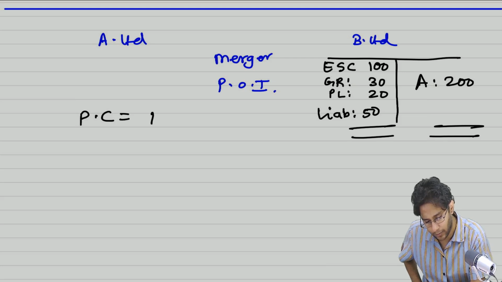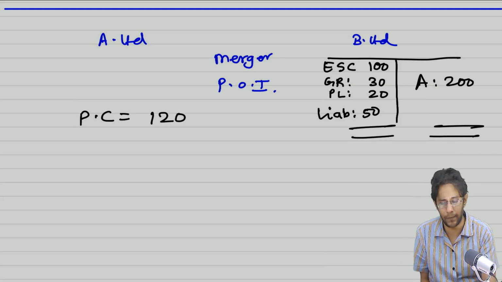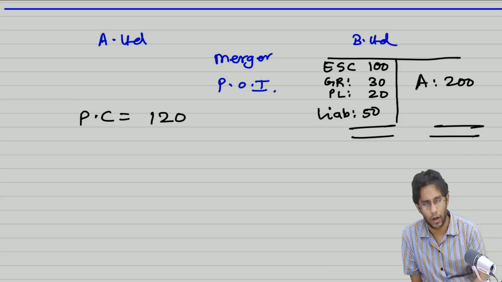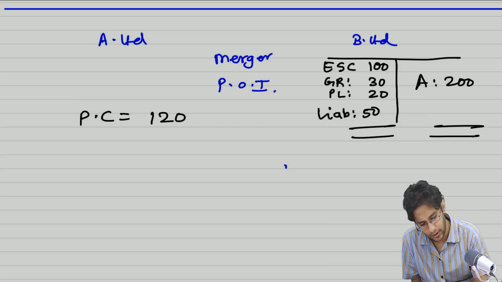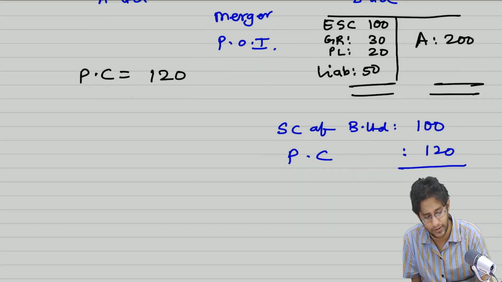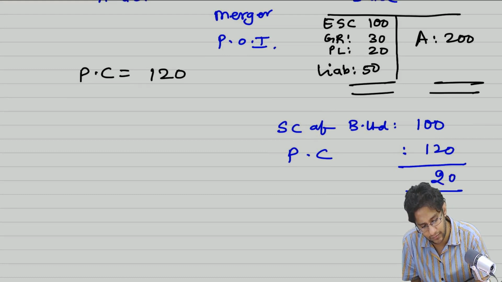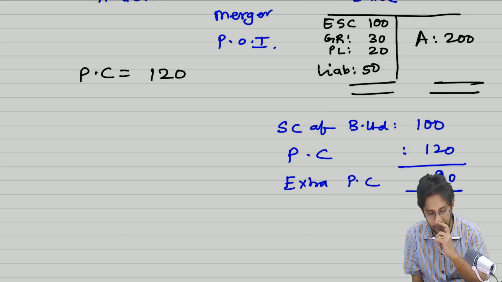Imagine the PC you are paying is 120 in the form of shares, merger, only shares. So normally we take the share capital of B Limited, which is 100, and compare that with PC. Are we paying the same PC, or are we paying more? How much more? 20. This is a kind of loss for us, which is the extra PC you are paying.